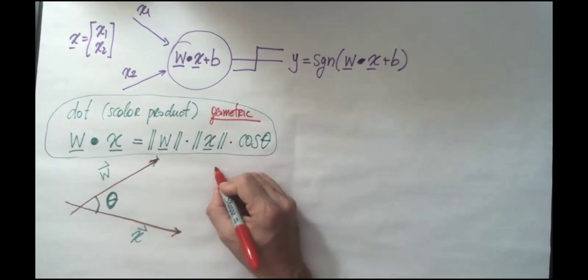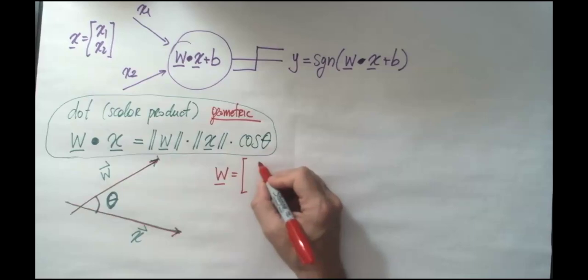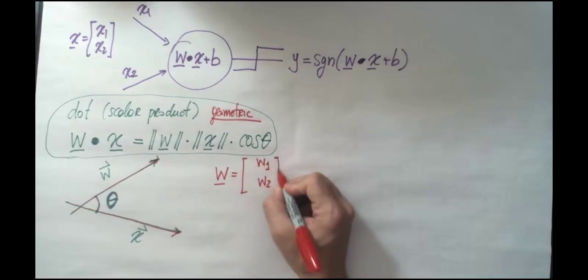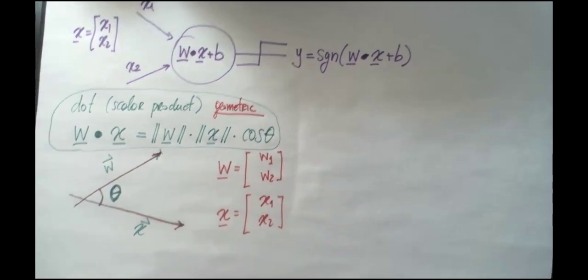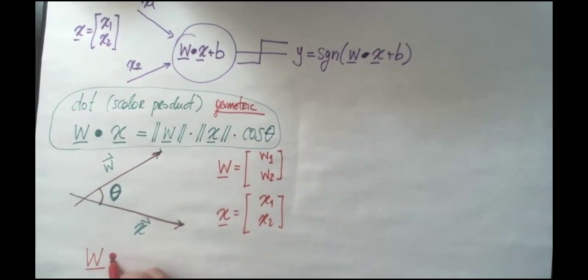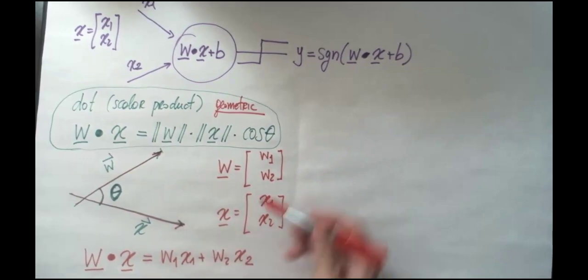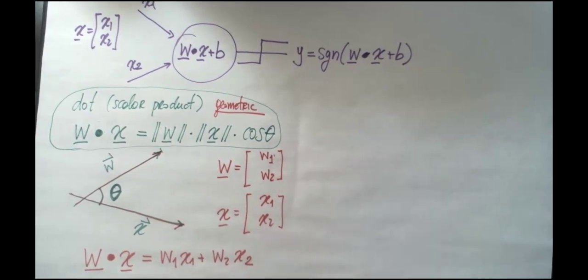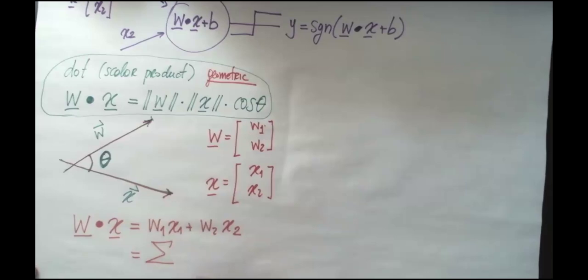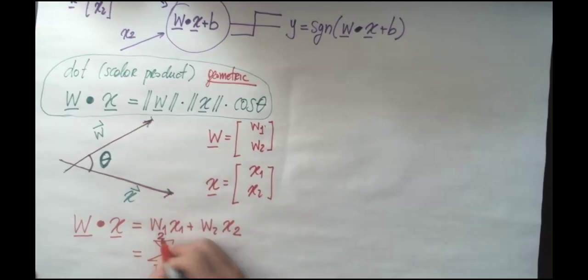If the vectors are represented in components, one can show that w dot x is equal to w1 x1 plus w2 x2, the element-wise multiplication of the components of each vector, which we can also express with the notation sum from j equal 1 to 2 of wj xj.